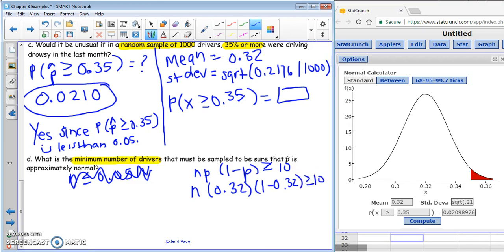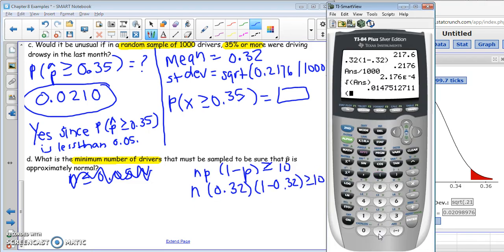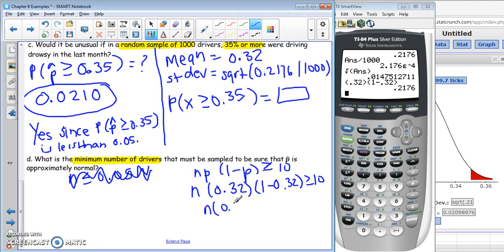So we're just going to solve this for n. Right? So we're going to do 0.32 times 1 minus 0.32. So this n times 0.2176 is greater than or equal to 10. And I'm going to divide both sides by 0.2176.